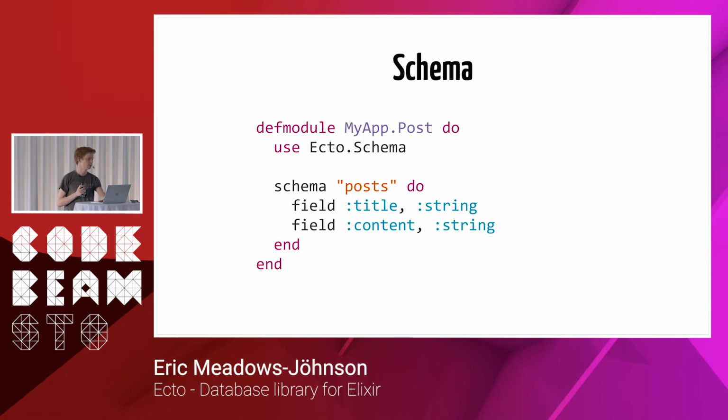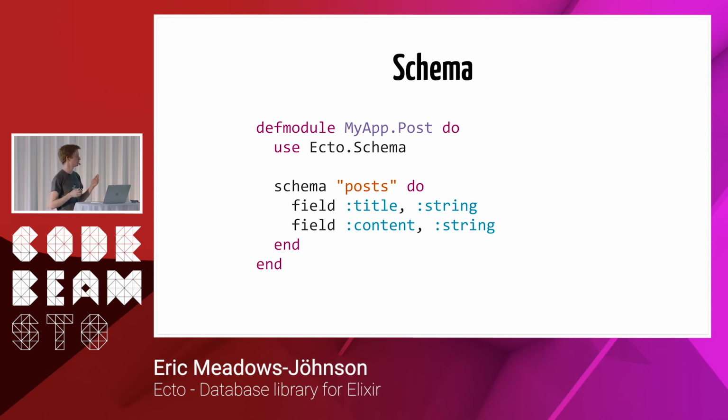So next up we have the schema. This is where we define database records. So this is what it looks like. If we focus on schema posts here, the first argument is the database table that we want to map this schema against. We usually call this the source for the schema. And inside of the schema, inside the do block, we define fields with the name for the field and the type for the field.